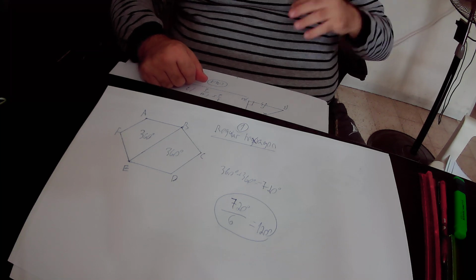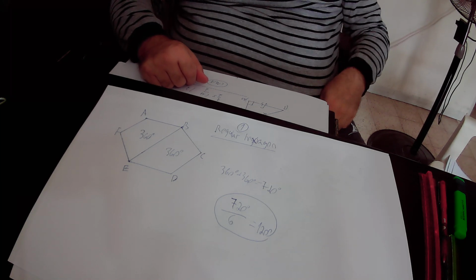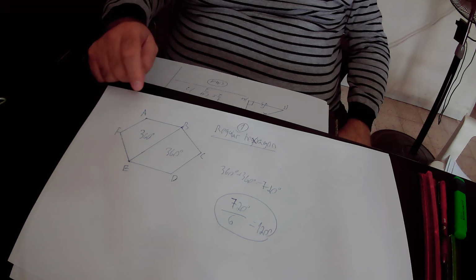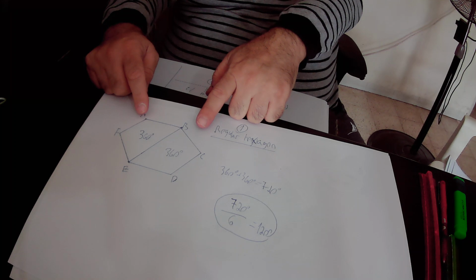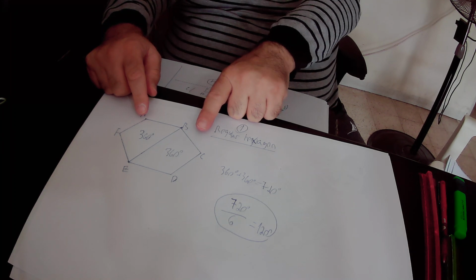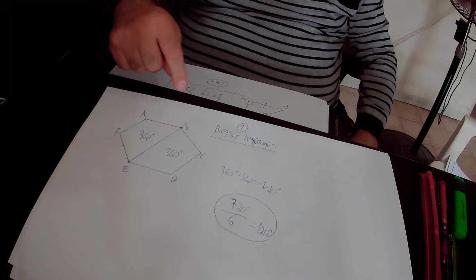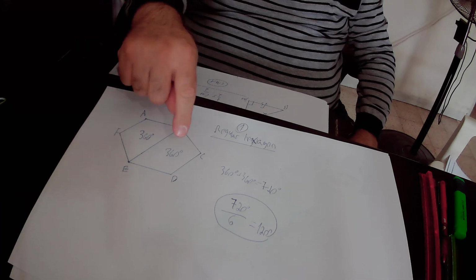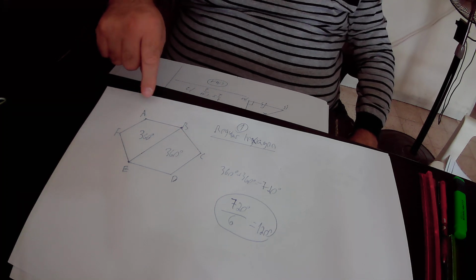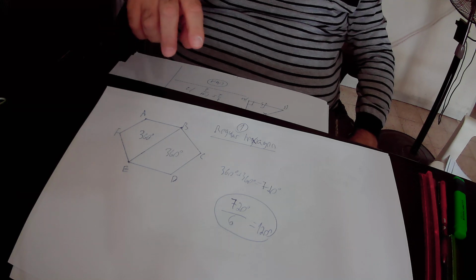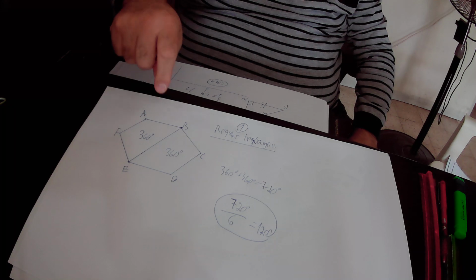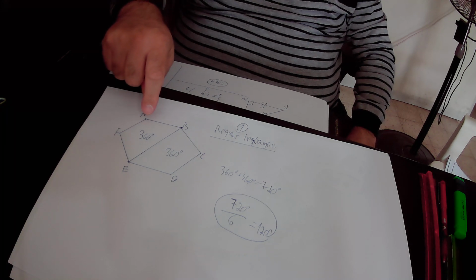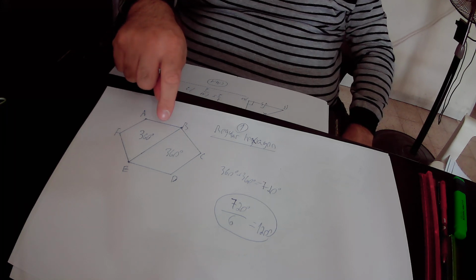It is obvious that the sum of the angles in those two quadrilaterals will be equal to the sum of the angles in this regular hexagon, because this regular hexagon consists of those two quadrilaterals.